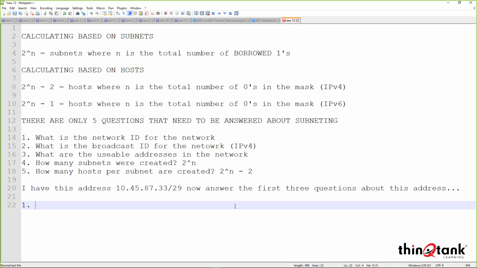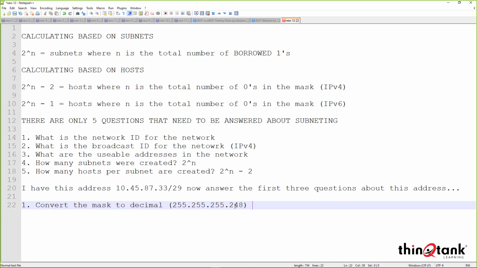Step number 1, convert the mask to decimal. And there's a reason why we do this, because it makes the calculation much easier. 255, 255, 255, 248 in this particular case.